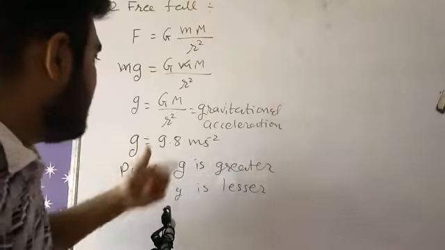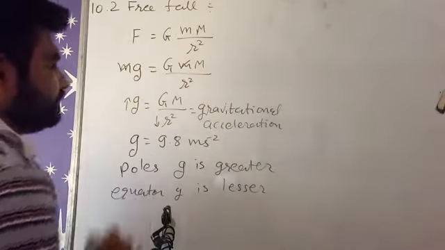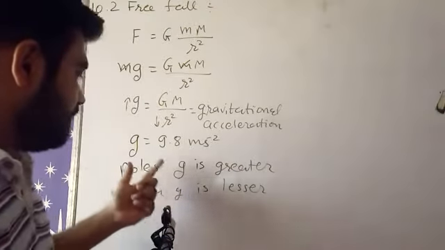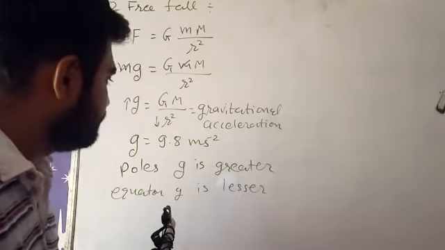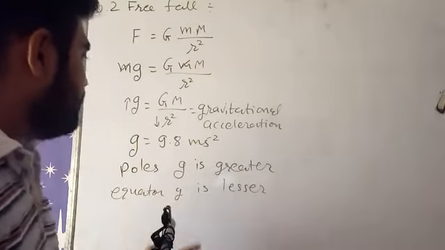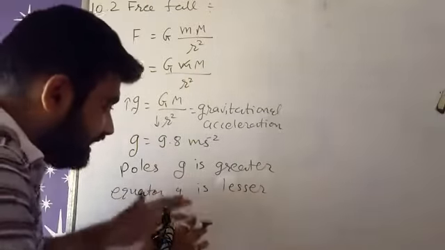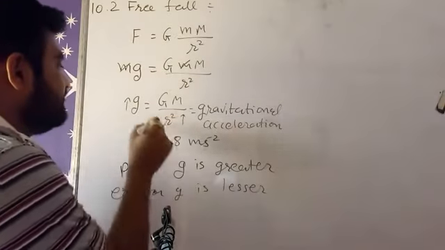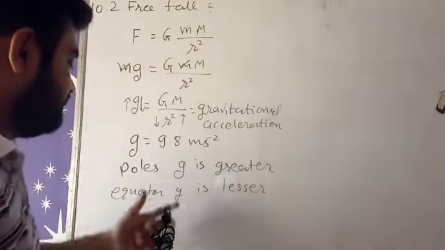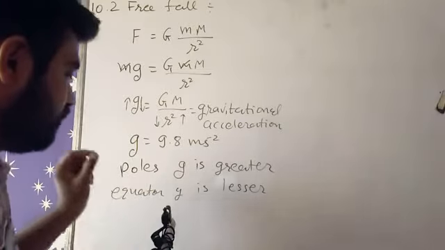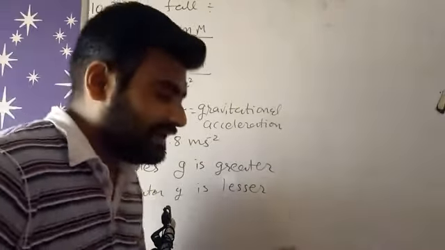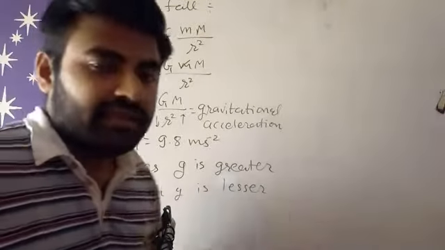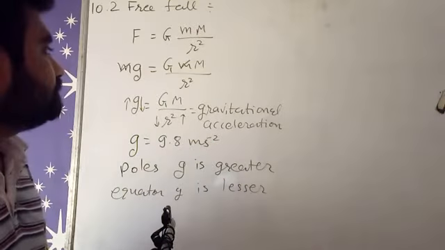If the radius is less, then g will be more. That's why at the poles g has a greater value. Similarly at the equator, the radius is more, that's why g will be less. So on the equator g decreases, or its value is lesser than at the poles.